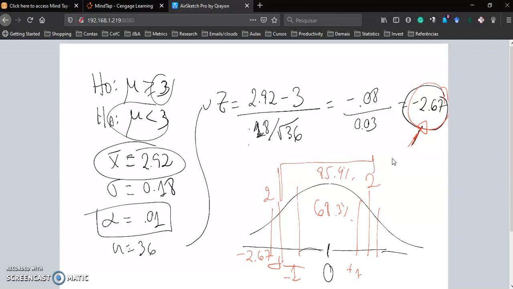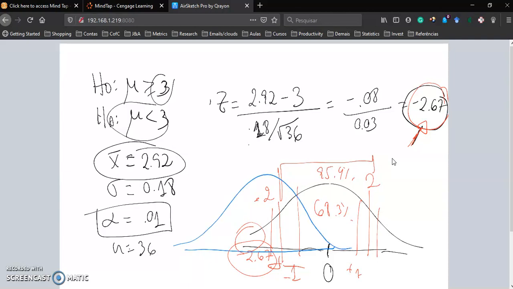Remember that? This number is even smaller than negative 2, so it's a very small number. Because it's too small a z-score, our conclusion is that it comes from a different distribution.